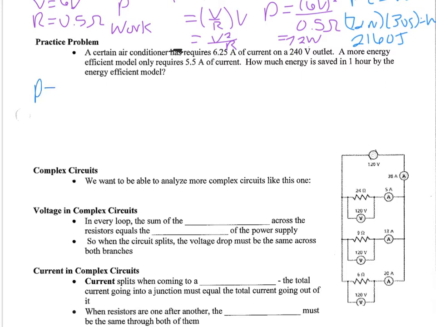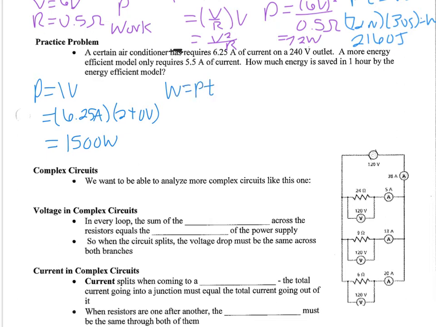So power equals IV. This equals the current, 6.25 amps times the voltage, 240 volts. The power for the air conditioner is 1500 watts. Work equals power times time. Time needs to be in seconds. So the power is 1500 watts times 3600 seconds.